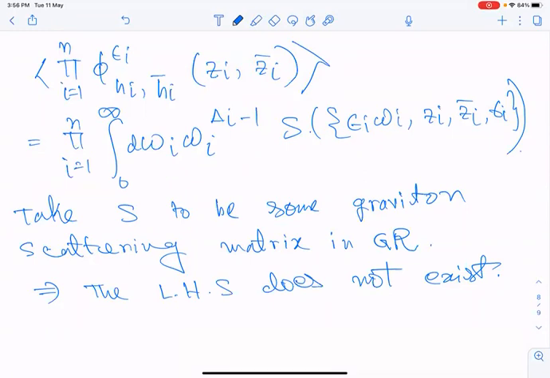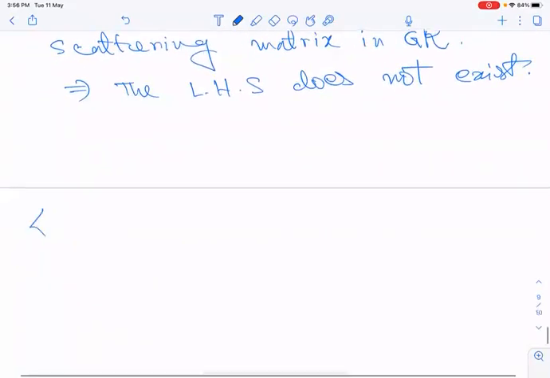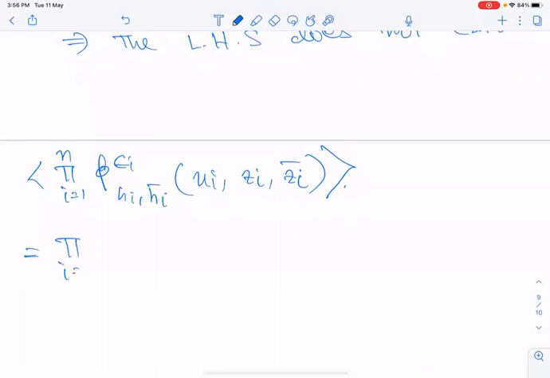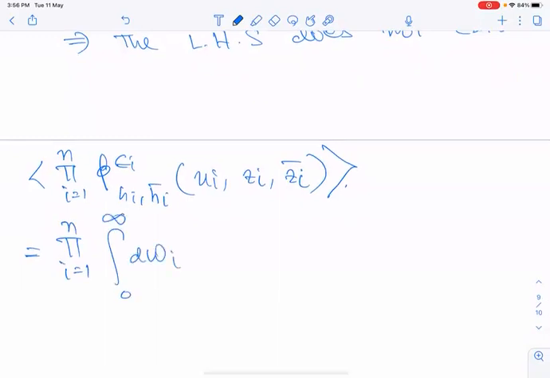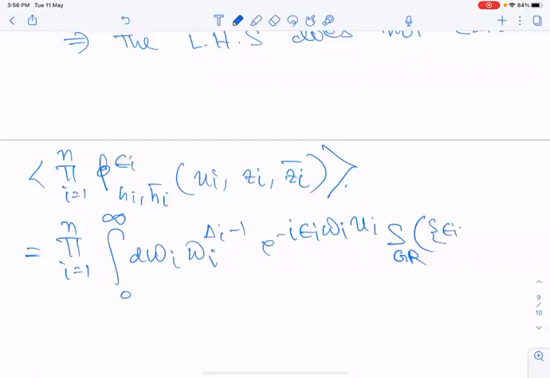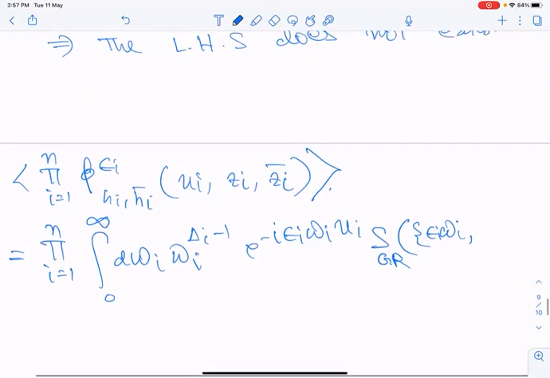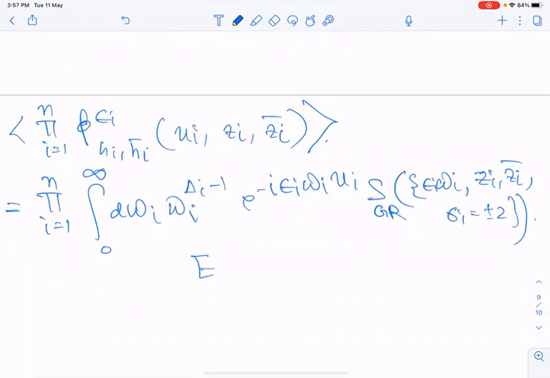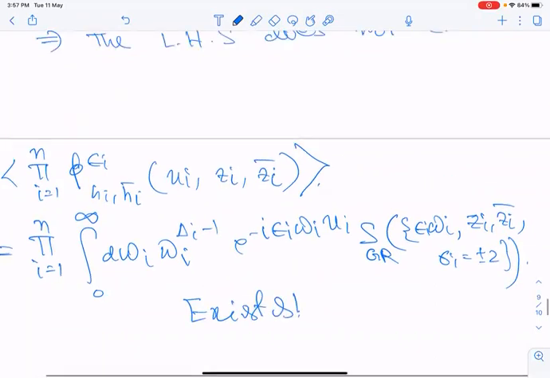The most straightforward way of doing this, it turns out, is that these three-dimensional correlation functions which involve these phase factors, suppose S_GR, and since it is GR, sigma_i will be plus minus 2. Now this actually exists.